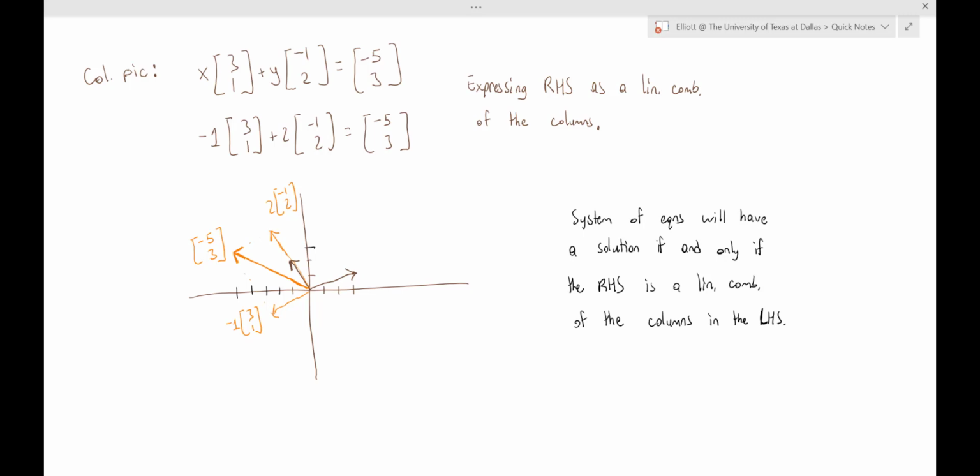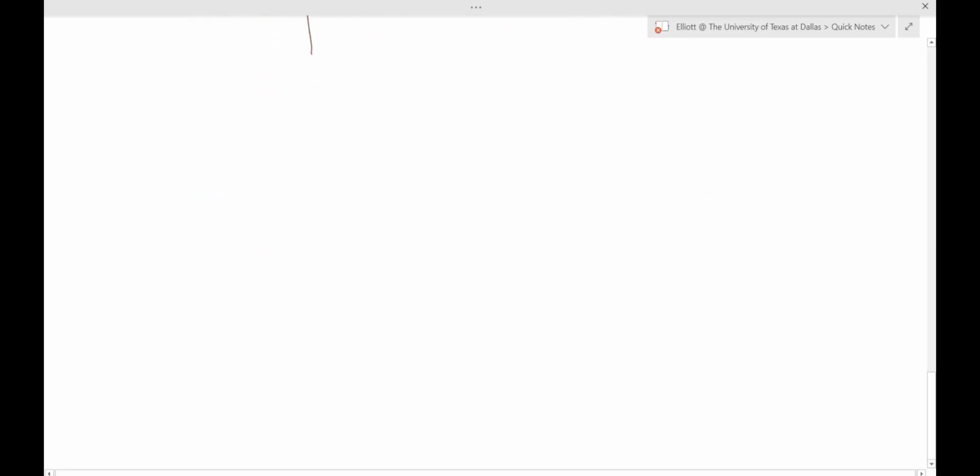Now, when we talked about the row picture, we saw that it's possible to have no solution, and it's possible to have infinitely many solutions. So I'd like to do an example of that. But I'm going to do another example before that, and these next examples are going to be talking about something called temporary as well as permanent breakdown.